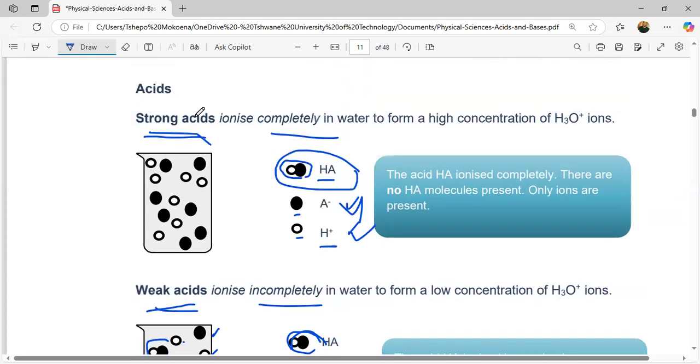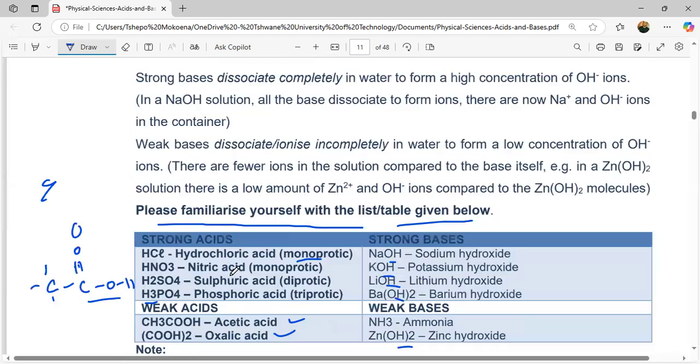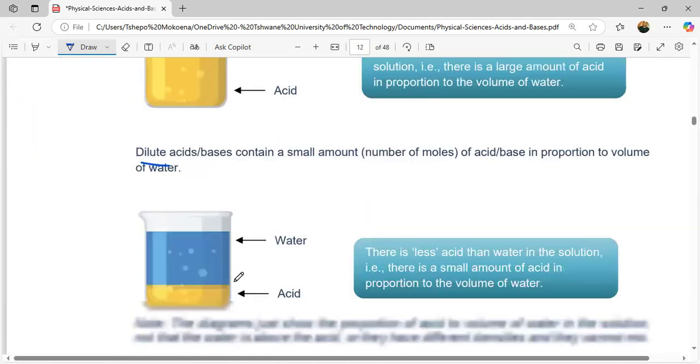Here, our acid or base has ionized completely, meaning we have a lot of ions in this solution. That's why it is a good conductor of electricity, because of more ions in the solution. But in the case of a weak acid, we have fewer ions, so it won't be a good conductor of electricity. Do you get my point?